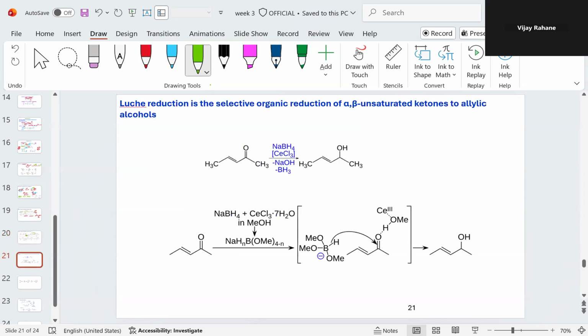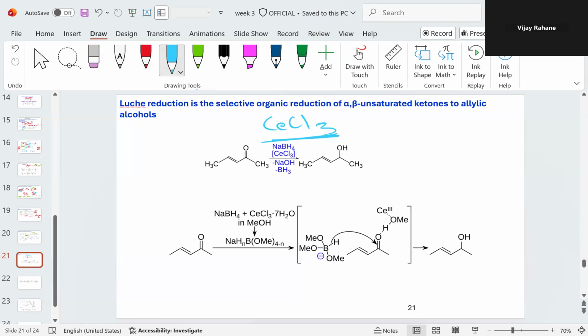Another reaction is the Luche reduction. This is the selective reduction of alpha beta unsaturated ketones to the allylic alcohol. So let's say we have the alpha beta unsaturated ketone. So this is the ketone, and this is the double bond. So this is an alpha beta unsaturated ketone, and in the presence of NaBH4, and also the important thing is CeCl3.